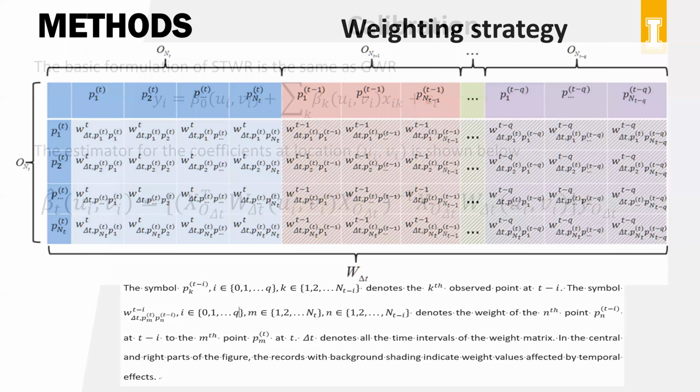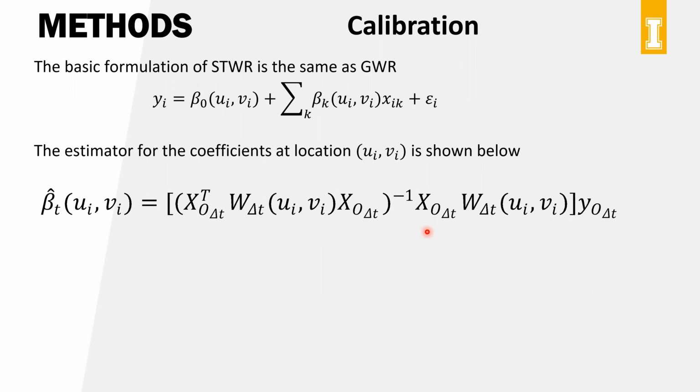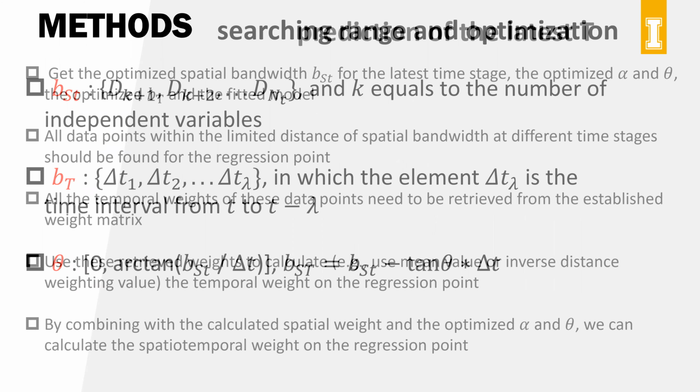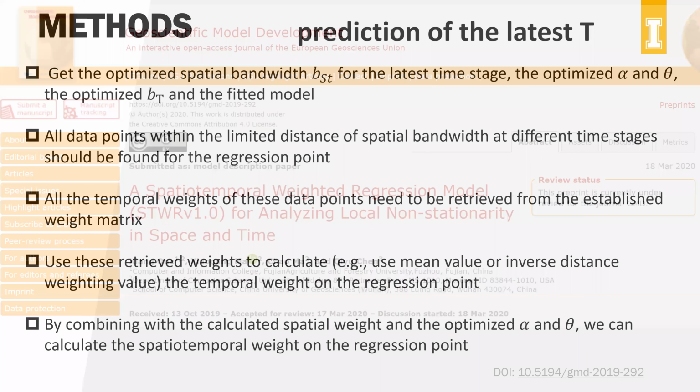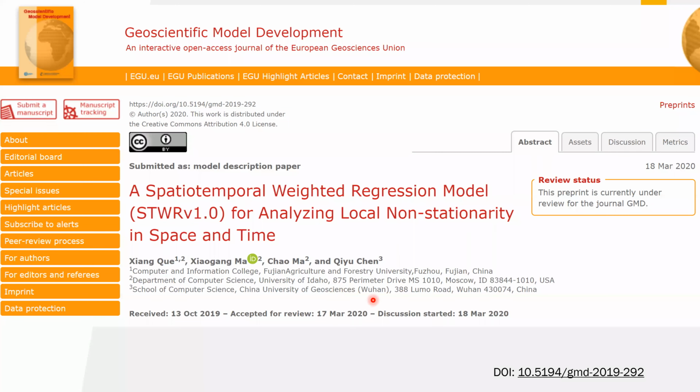If you are interested in the details, you're welcome to check out the paper we just published as a discussion paper in Geoscientific Model Development. The name is A Spatiotemporal Weighted Regression Model for Analyzing Local Non-stationarity in Space and Time. I will post the link to the chat later so you can check it out.